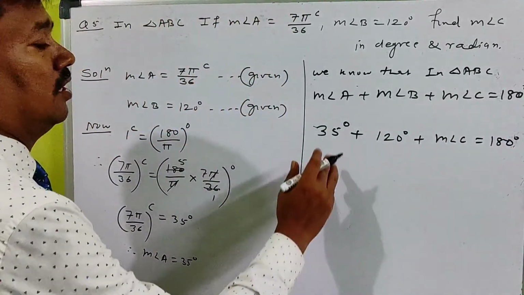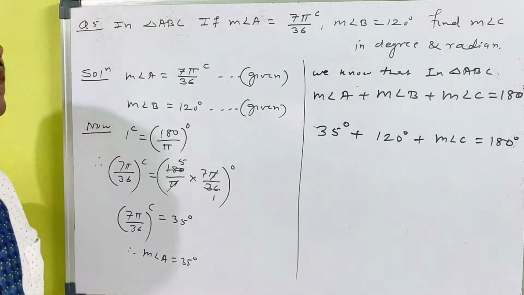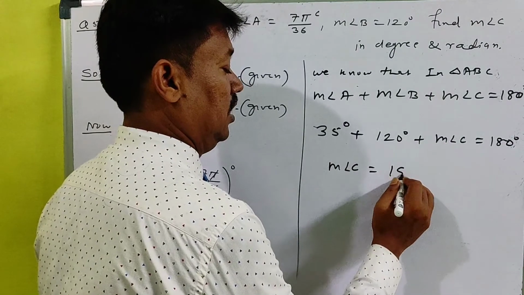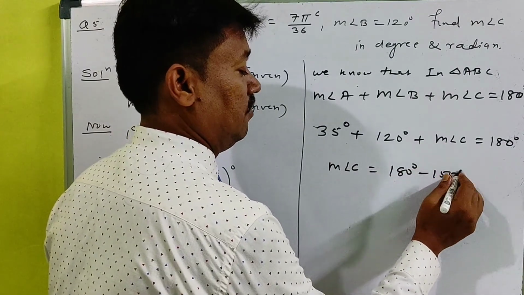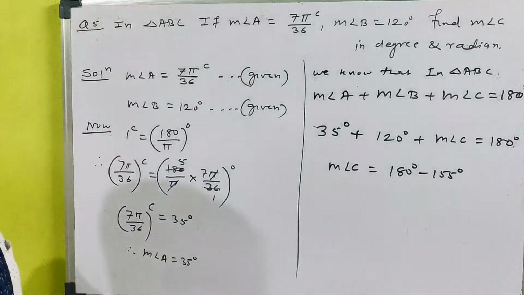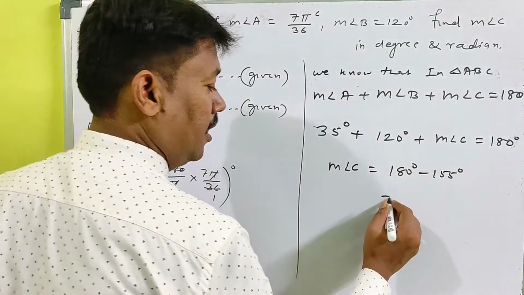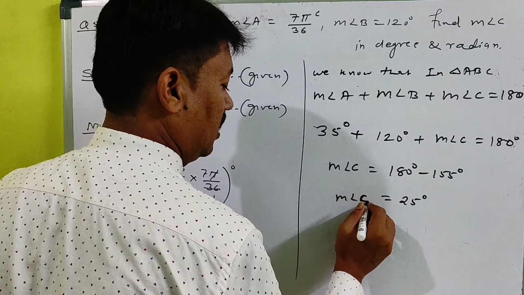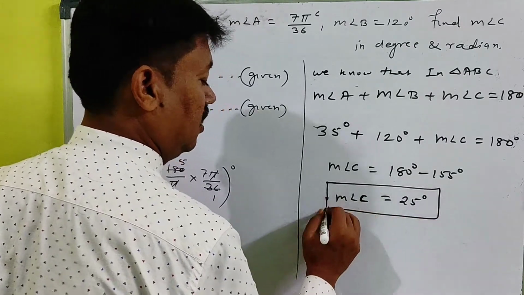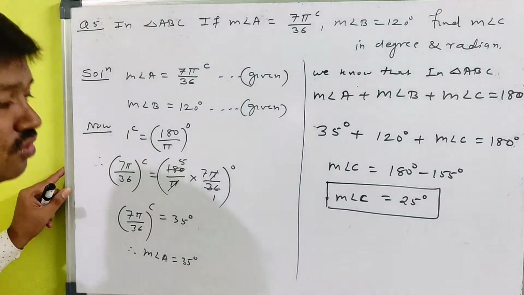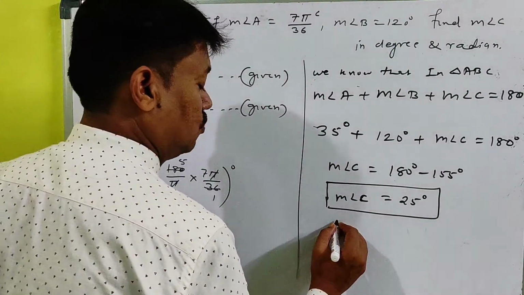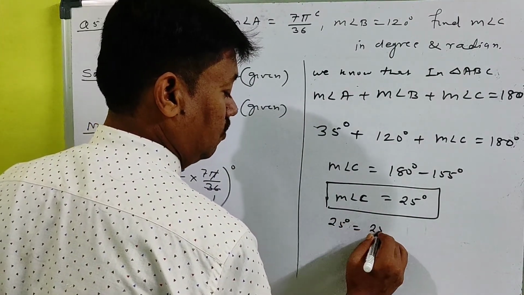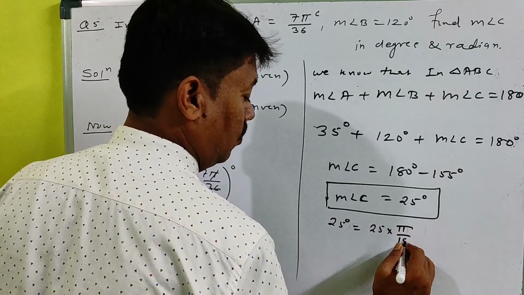So that gives you 35 plus 120 becomes 155. So measure angle C is 180 minus 155. So what is that? It is 25 degree. So measure angle C is 25 degree. And if I convert this into radian, now 25 degree is equal to what? 25 into pi upon 180.